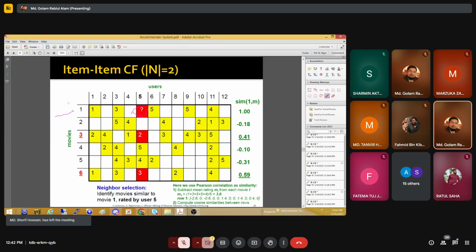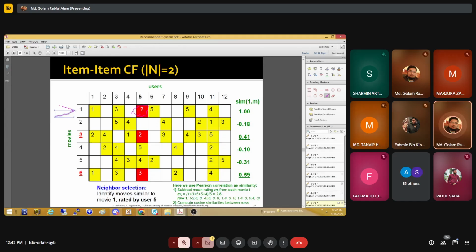In the case of item to item similarity, we want to predict the rating of this item for this user. So we have to find the similarity between the items based on the ratings that are given.